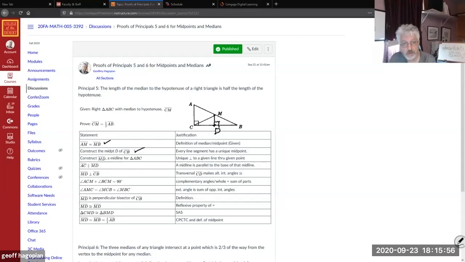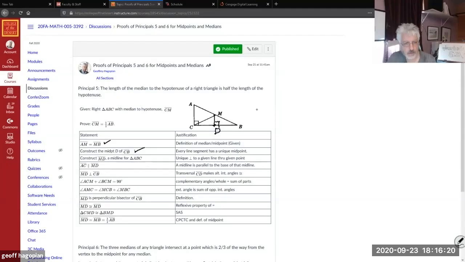So the transversal CB is cutting parallels AC and MD, right? So it's making corresponding angles congruent, so that the right angle at C is the same angle as the right angle at D. Okay, so then that's pretty much it, right?